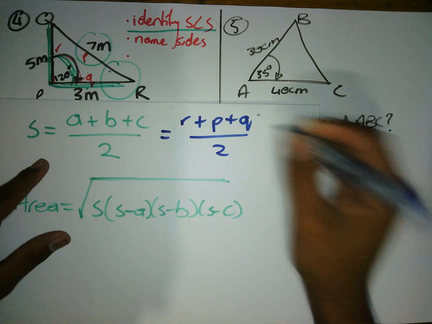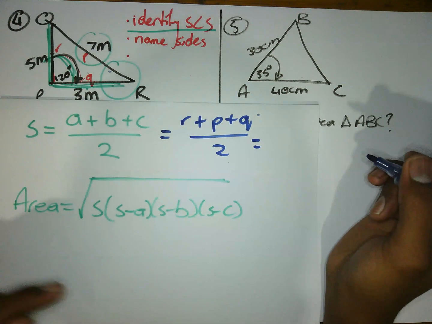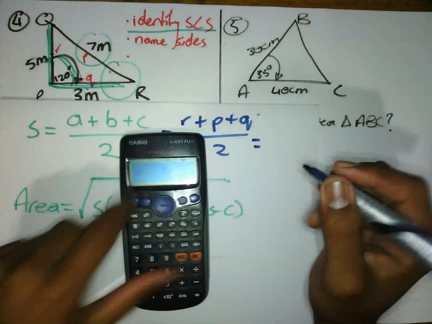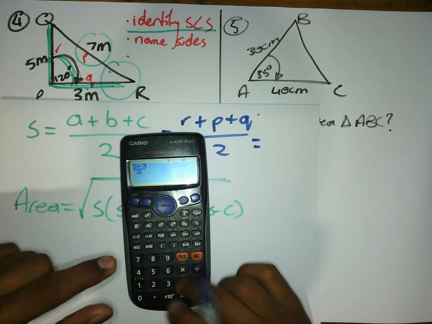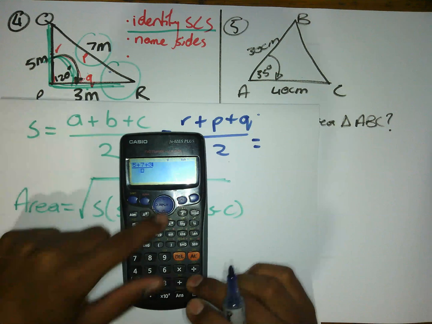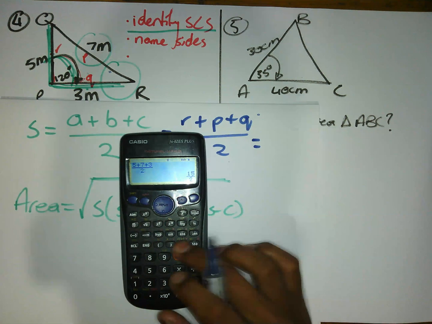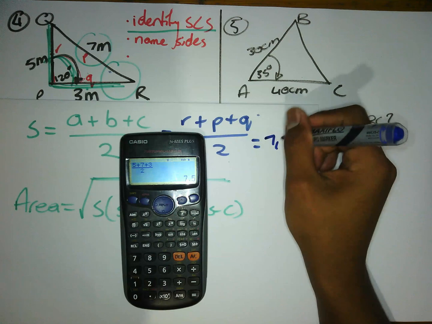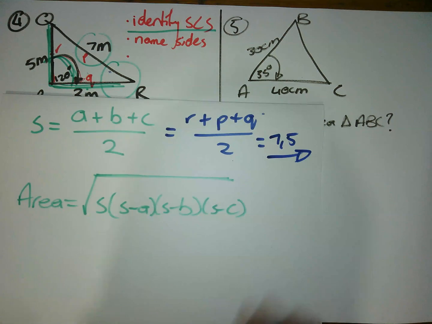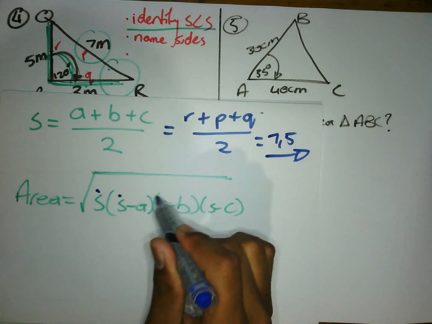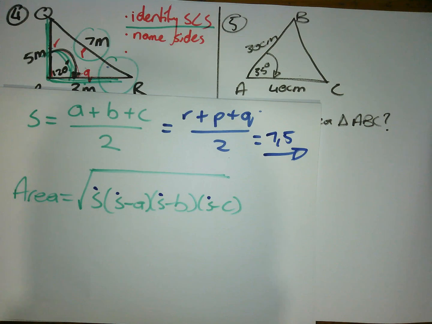The answer is going to be 5 plus 7 plus 3 over 2. It is 7.5. Then I must substitute in this 7.5 wherever I see an S.